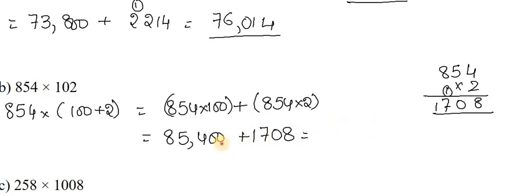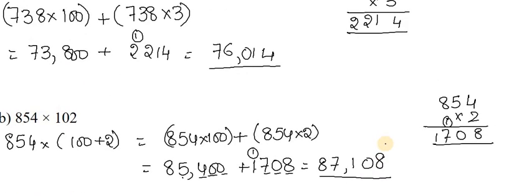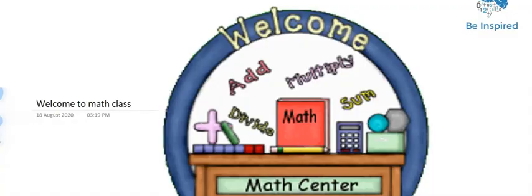Now just add the last two digits. 0 plus 8 is 8. Now tens place, 0 plus 0 is 0. Now hundreds place, 4 plus 7 is 11. And carry on the thousands. 1 plus 5 is 6 plus carry 1 is 7. And there is no 10,000, so we will write the 10,000s directly. So the answer will be 87,108. I hope you all understand my class.